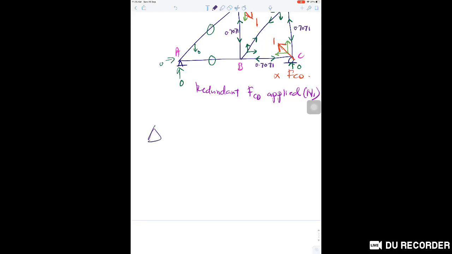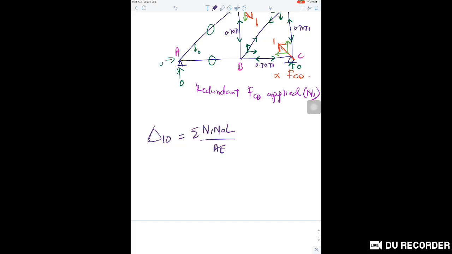Okay, basically deflection in primary truss, or deflection in real truss, can be determined due to 3 conditions. Condition number 1, due to external loading, N1 N0 L over AE. And we determine N0 from external loading.